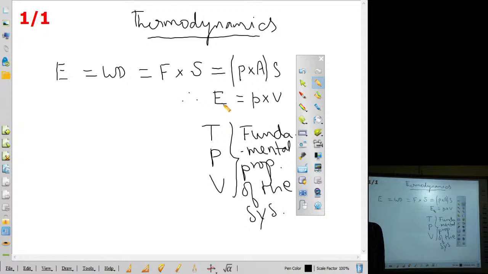Steam is a vapor; air, oxygen, nitrogen, hydrogen are all gases. So for all that, when you make the same detailed study which I have told you for mechanics and fluid mechanics, then it will come under the category of thermodynamics. So mention that in the definition. It is a field of science that deals with the energy possessed by gases and vapors.